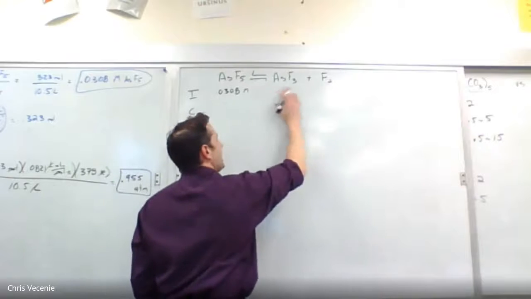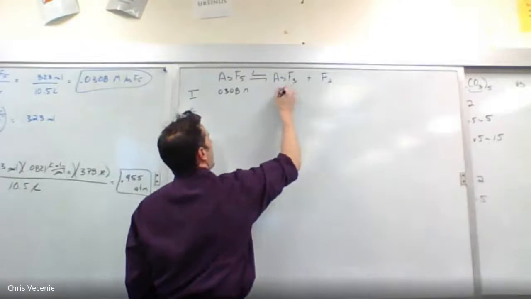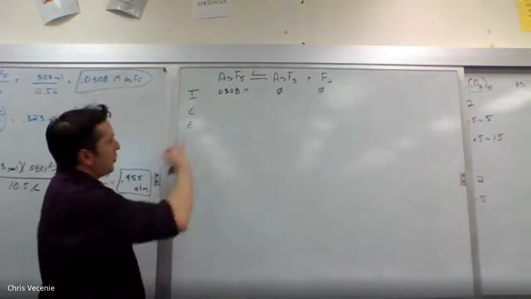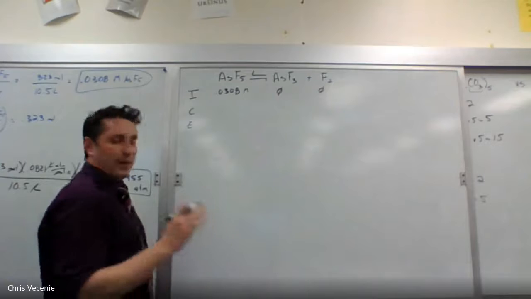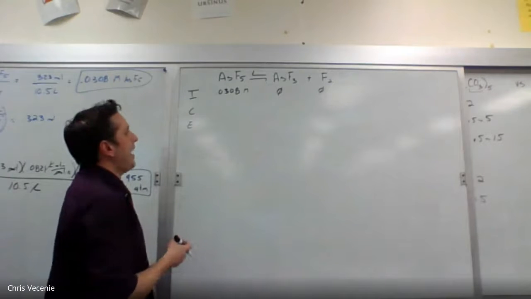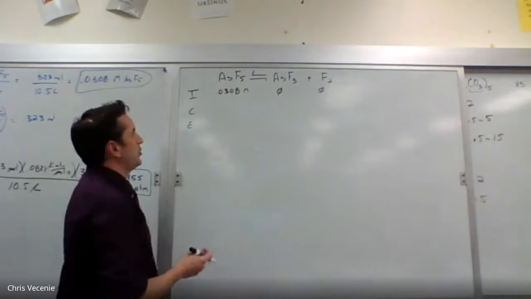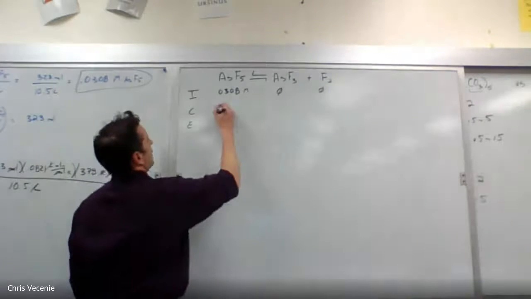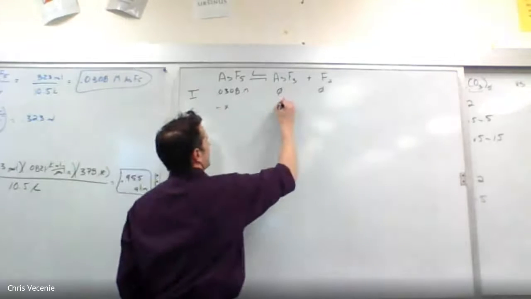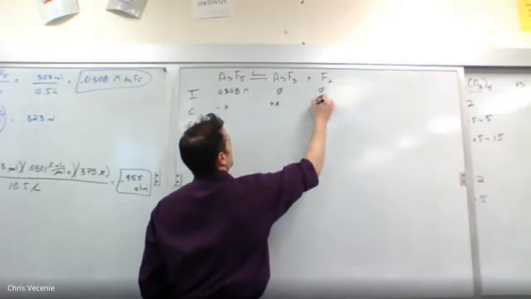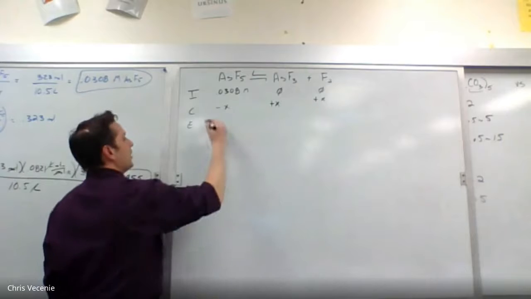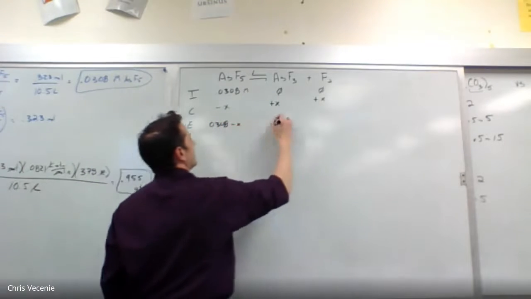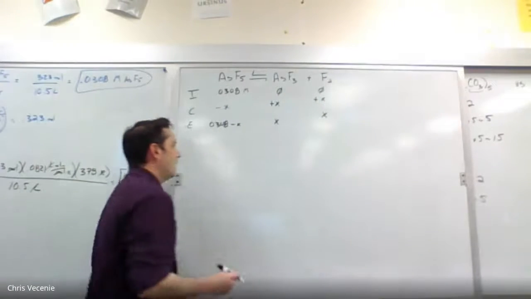They didn't give us any information about the initials of these guys, so you can assume them to be 0. We know the reaction's always going to proceed toward the products because if you do a Q/K analysis there, it's always going to lead you to Q is less than K, so it'll be a shift right. That means my change line is going to be minus x, plus x, plus x. And then my equilibrium line, 0.0308 minus x, x, and x.